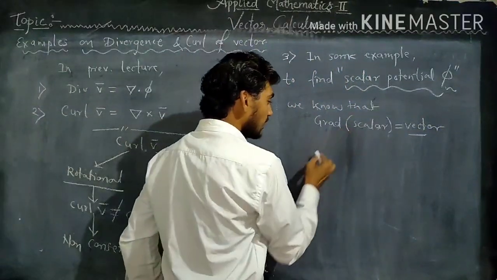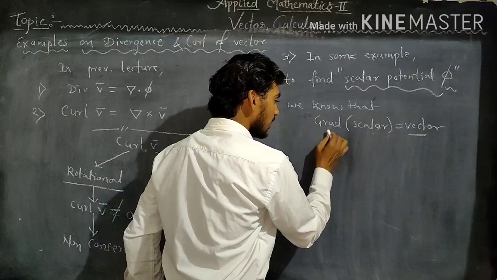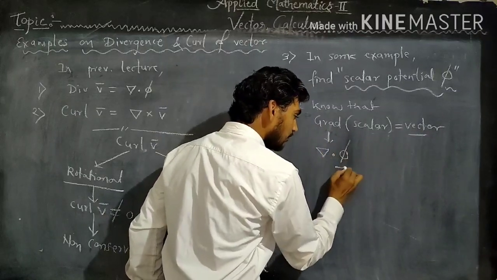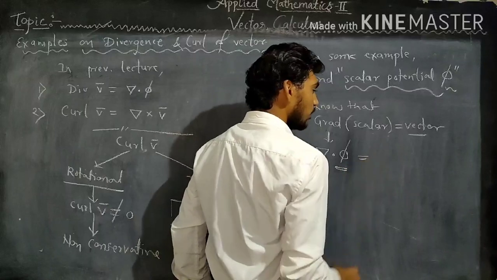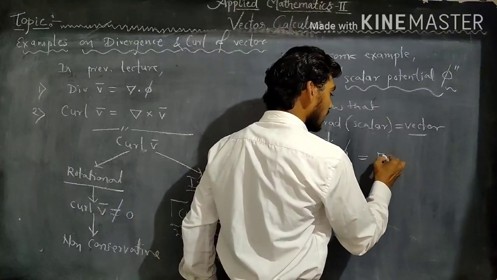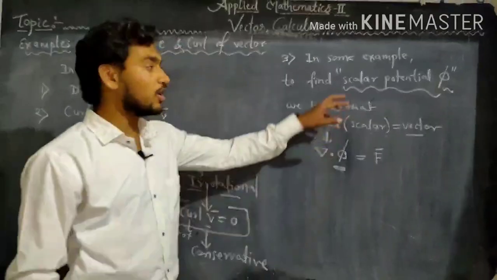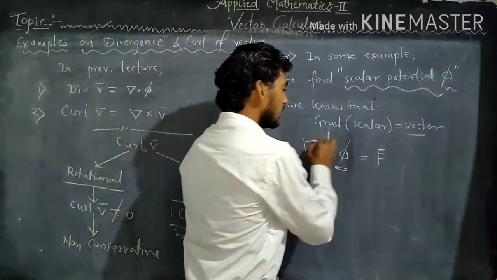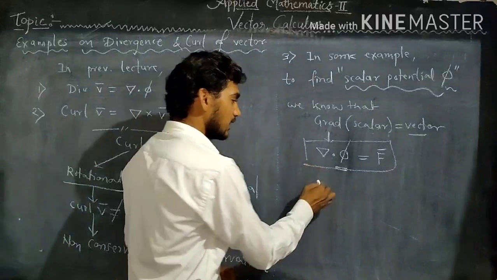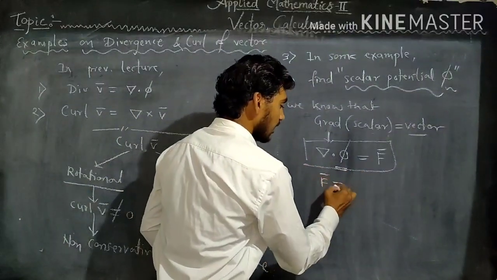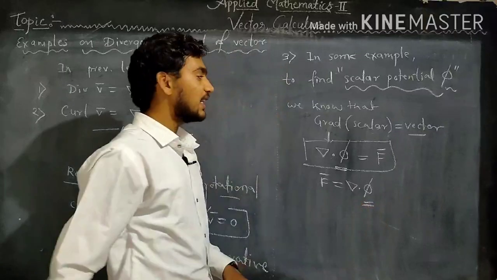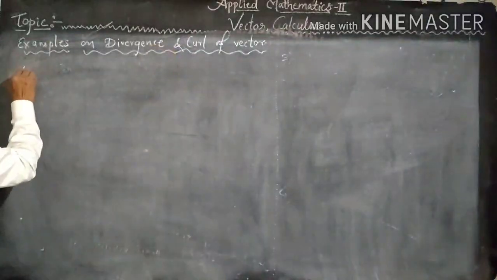So by notation, gradient of scalar is denoted by del of scalar function phi, which is equal to some vector, say vector f. So in order to find scalar potential phi, we will use this formula, that is vector f equal to del phi.